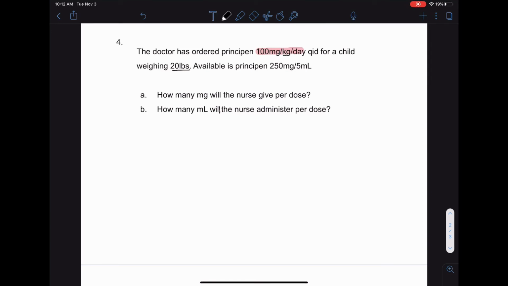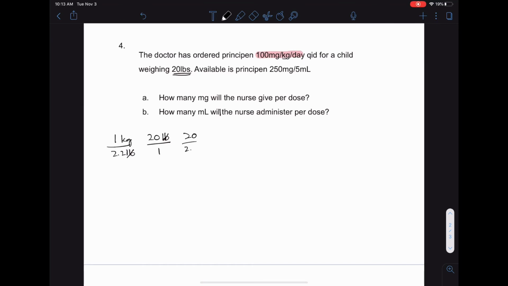Let's go ahead and get this converted. So we know that there's 1 kilogram for every 2.2 pounds. We're going to pull in our 20 pounds so that we can cancel. So 20 divided by 2.2 equals 9.09, and then that continues on.